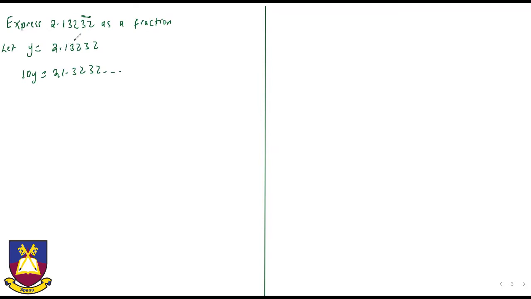It moves 1, 2, 3 decimal places. So that means we shall multiply by 1000. That's 2132.3232 and so on. So we're going to subtract our 10y.